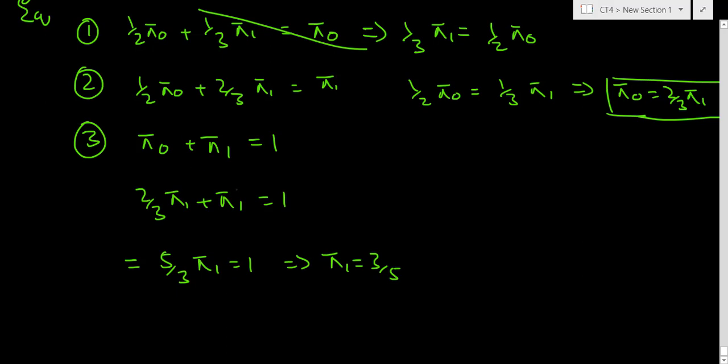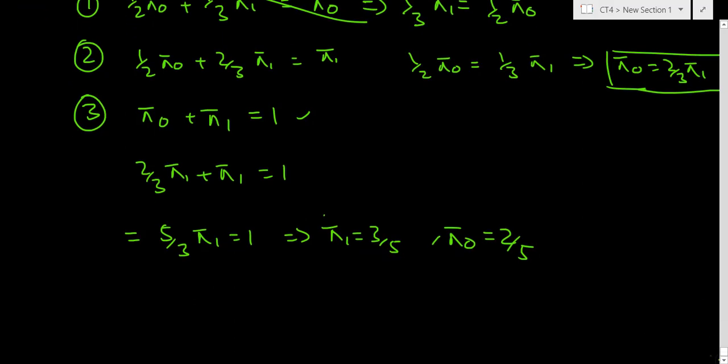And since they both add up to 1, pi 0 is equal to 2/5. These are my values, and this gives me my stationary distribution: 2/5 and 3/5.